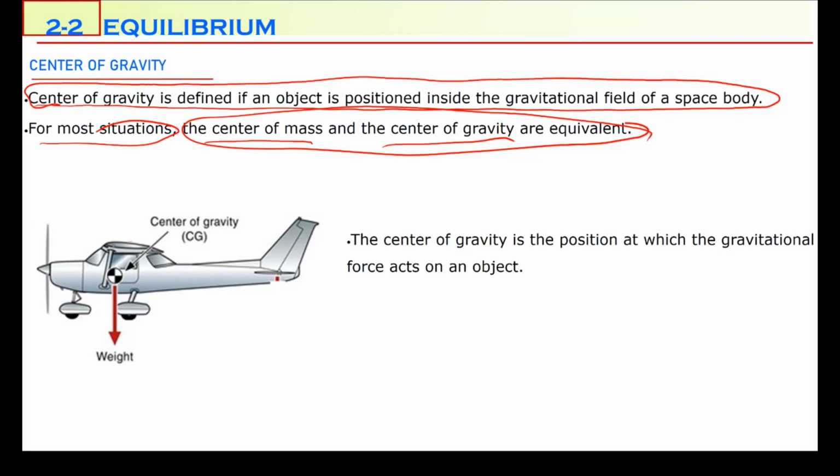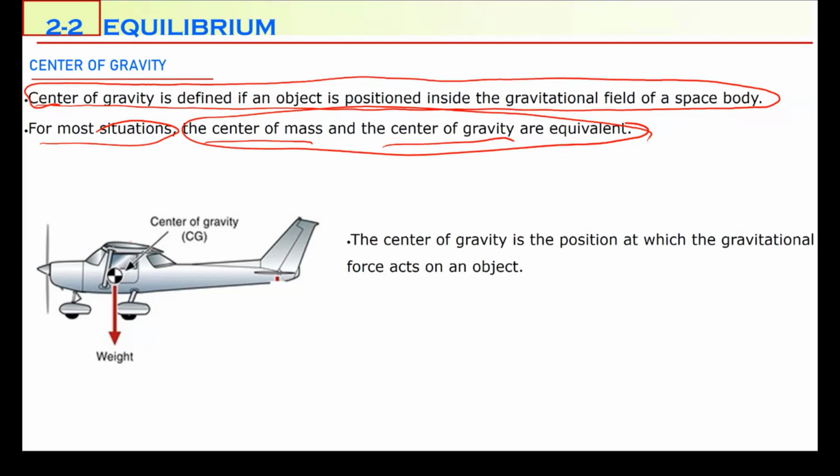Meaning Earth has gravity? Yes, in this case, we can talk about the center of gravity of an object on the Earth. But if you went to space, an empty space, there is no gravitational field. So can you talk about center of gravity? No, you cannot.